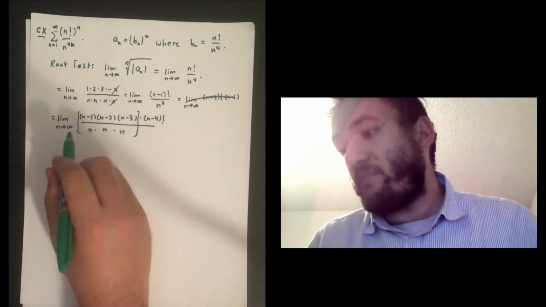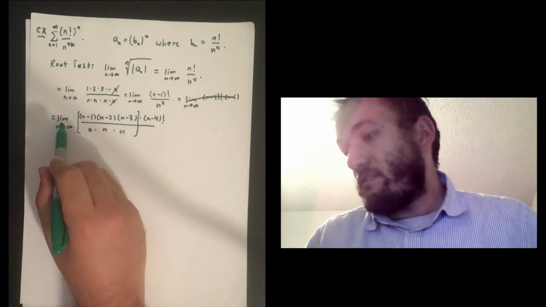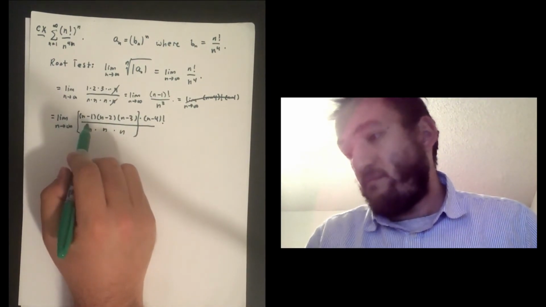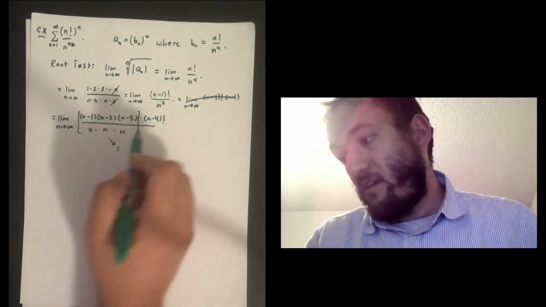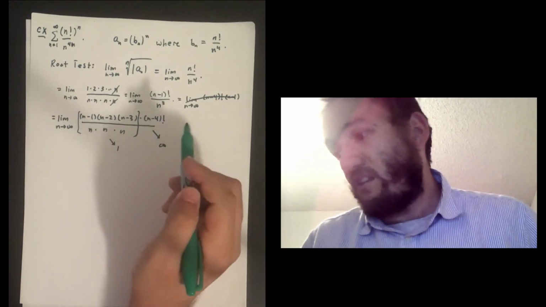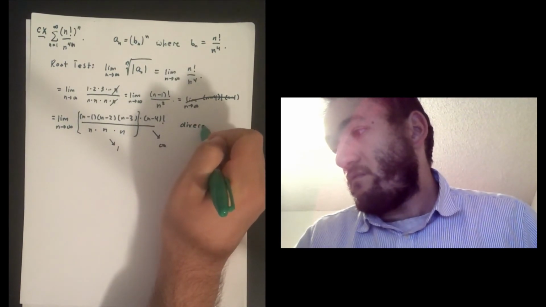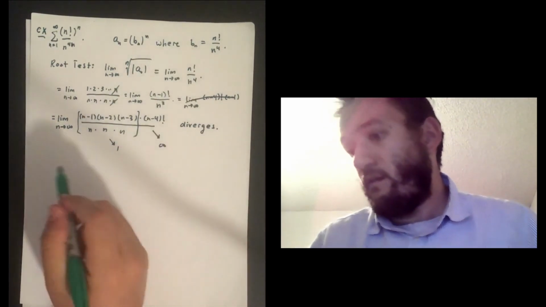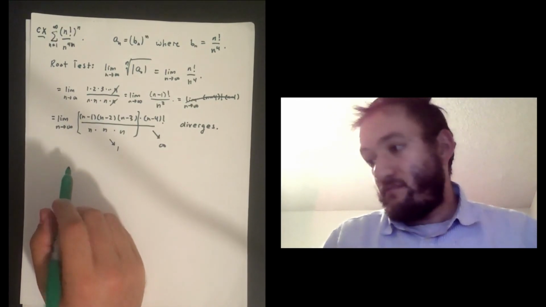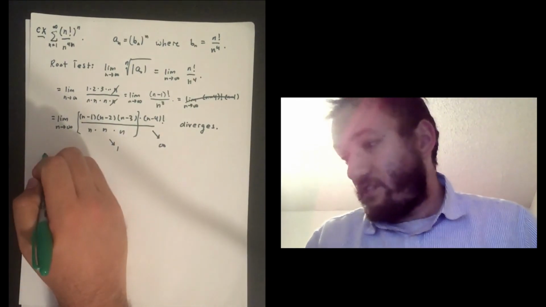So I can split up this limit. This part is going towards 1, and this part is going towards infinity, so the whole thing goes towards infinity. Okay? And by the root test, that means that this diverges.